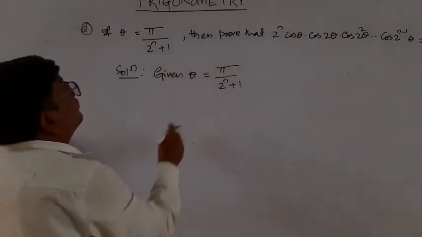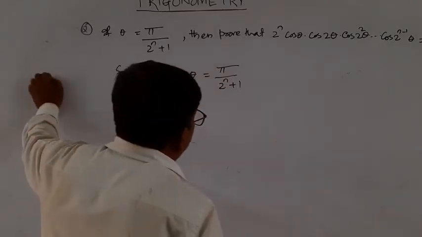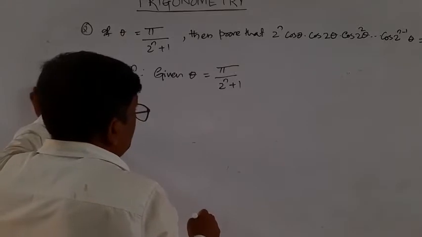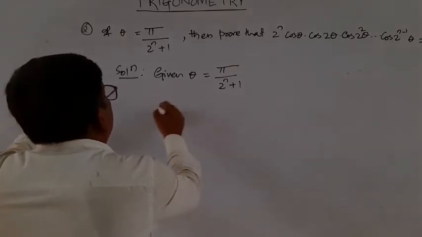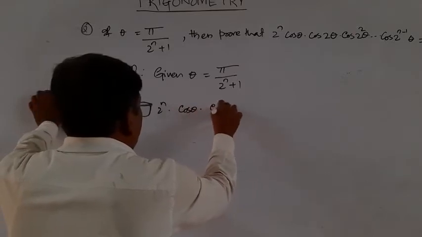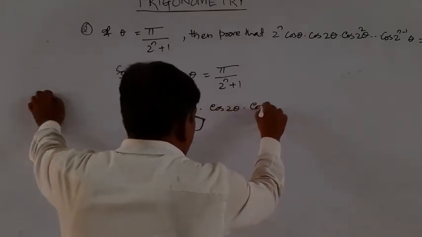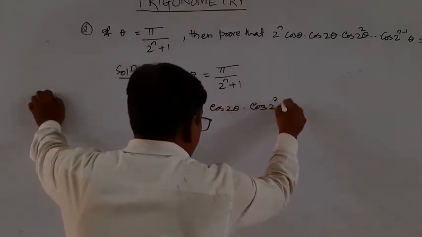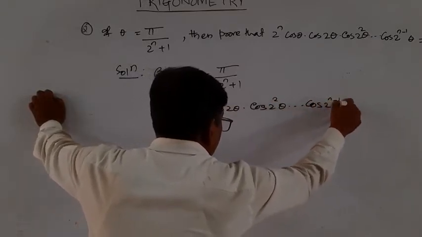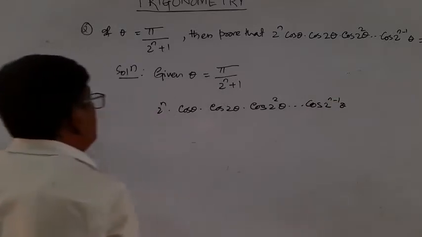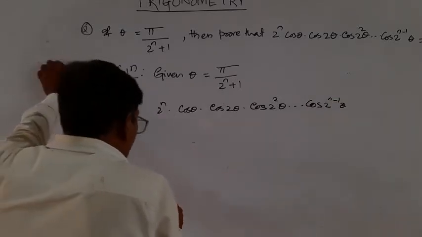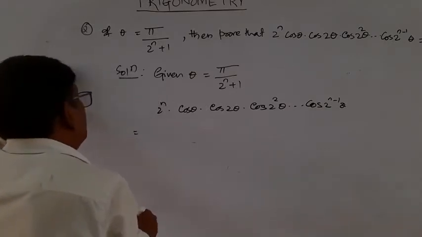Now we can write, that is what? 2 cos theta into sin theta is equal to what? Here 2n what? Cos theta, cos 2 theta, cos 2 square theta, and so on up to cos 2n minus 1 theta. So multiply and divide by 2 sin theta.